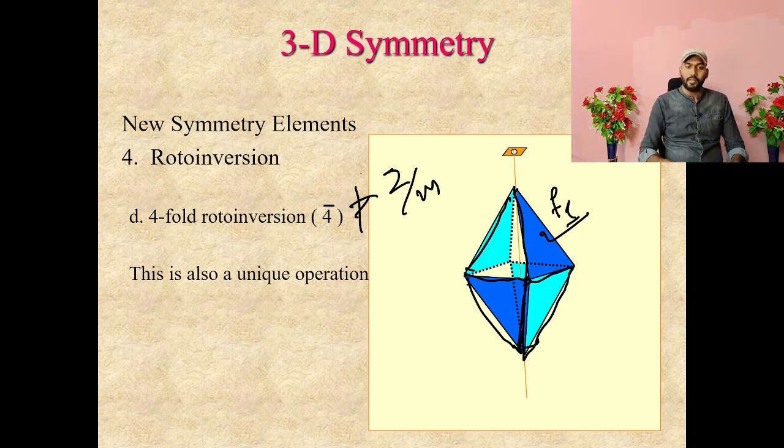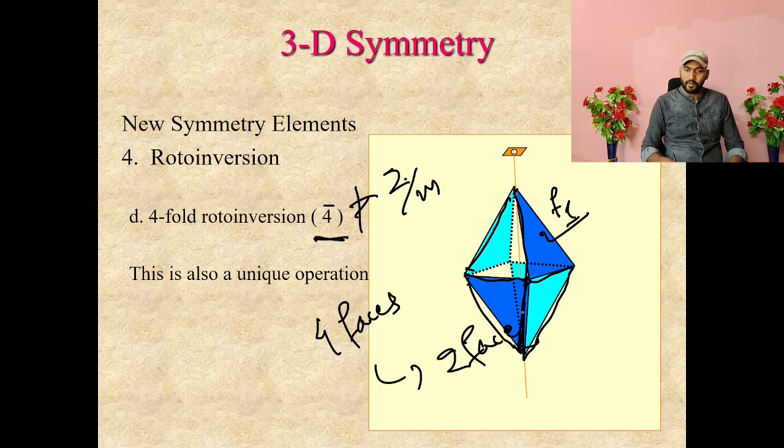So 4 bar is reduced to 2. 4 bar is reduced to twofold, because we have taken 4 bar, which means we should have symmetric faces in 90-degree rotation. But here we got only two faces. In 360 degrees we should get four faces, but we got two faces.